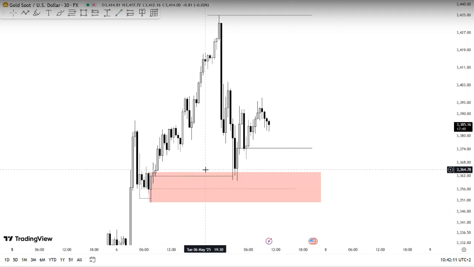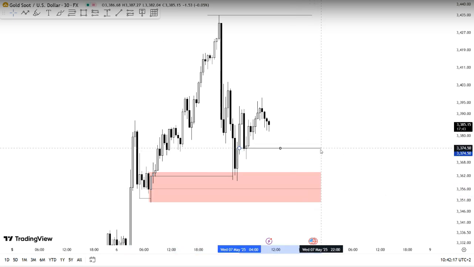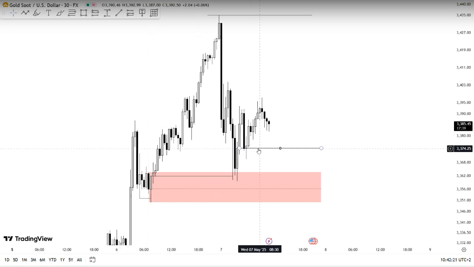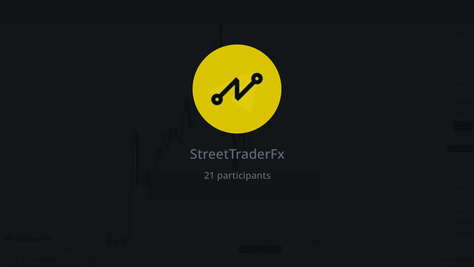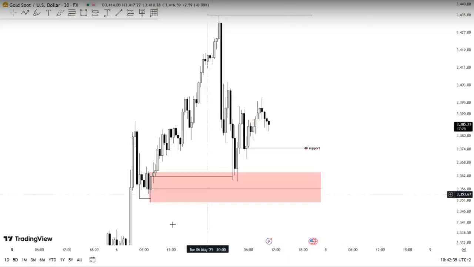So with gold right now, my anticipation, right? I want to see it trading into that zone. Remember, I think around here, this is the 4-hour level, if I'm not wrong. That's the 4-hour support level right here. So we could possibly see something like this.